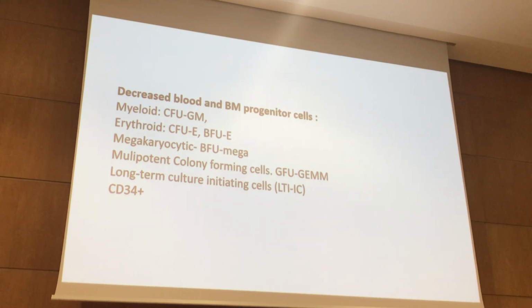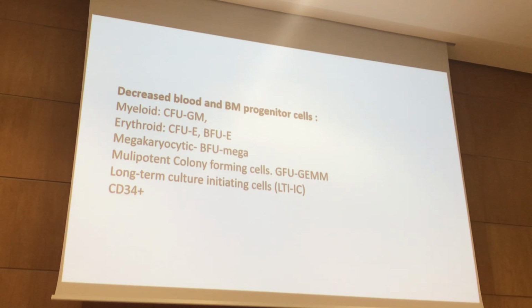All bone marrow progenitor cells can be affected, in the myeloid, erythroid, and megakaryocytic lineages. These are all the progenitor cells, such as colony-forming unit granulocyte-monocyte, and in the erythroid lineage, colony-forming unit erythroid or burst-forming unit erythroid.